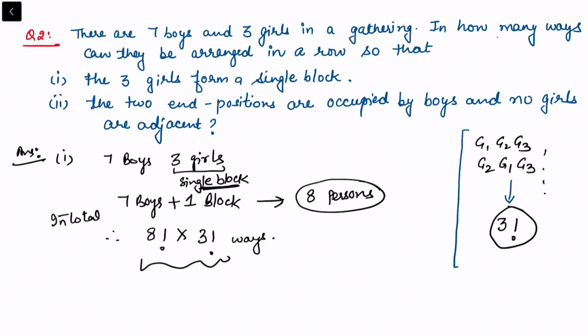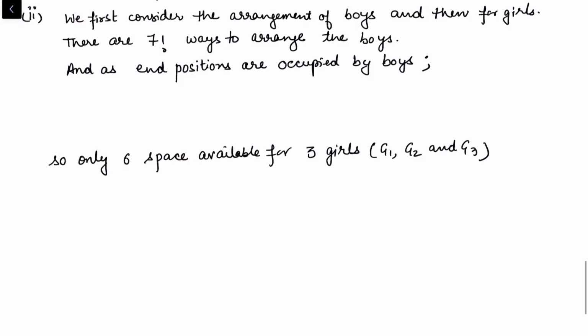Now in the second part, we want to know the arrangements where the 2 end positions are occupied by boys and no girls are adjacent. For this case, we first consider the arrangement for boys, and these are 7 factorial ways. Let's say the boy B1 comes here, then B2 can come here, B3, B4, B5, B6, and B7 can come here.